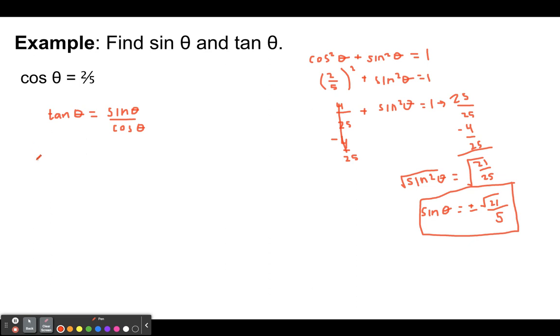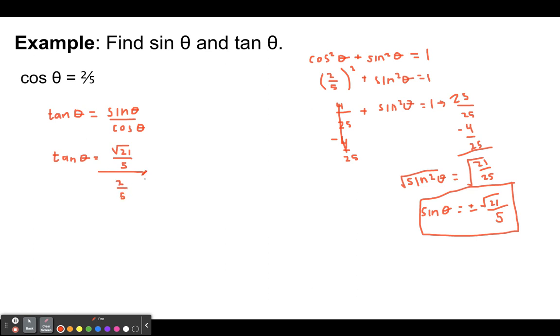Okay, so I'm going to say tangent of theta is equal to, and then sine of theta was the square root of 21 over 5. It is plus or minus. I'll make sure to add that in at the end. But when we're doing our calculations, we can just use the positive values. And then over cosine of theta that was given was 2 over 5.